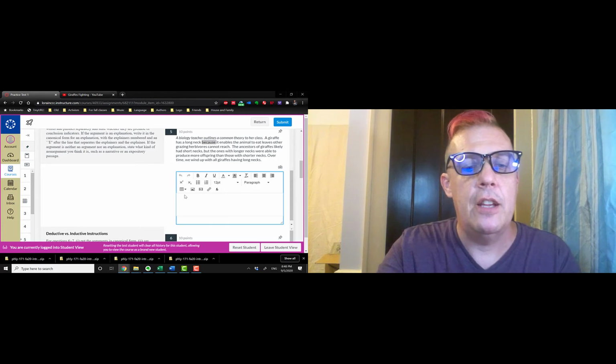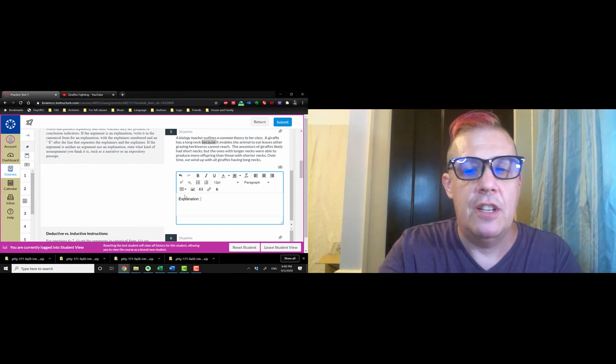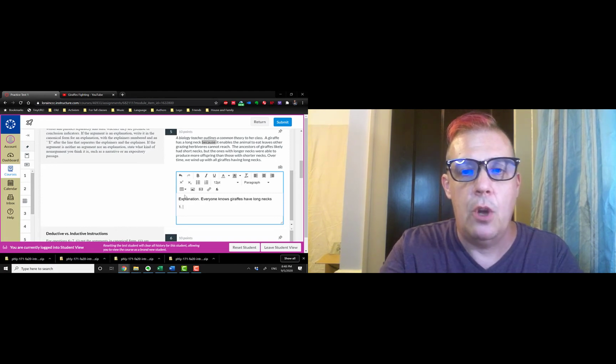So we can say, explanation, everyone knows giraffes have long necks. Then you need to put it in standard form for an explanation, and here you can just number things. And I'm going to paraphrase.